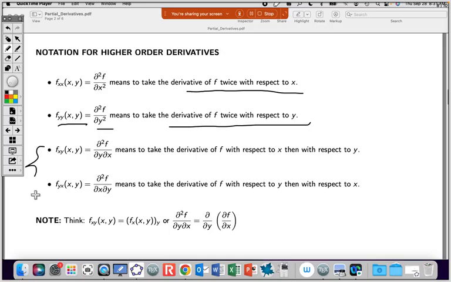Now we have these things. These are often called the mixed partials. fxy, now notice here the order, fxy of (x, y), think of that as (fx)y.